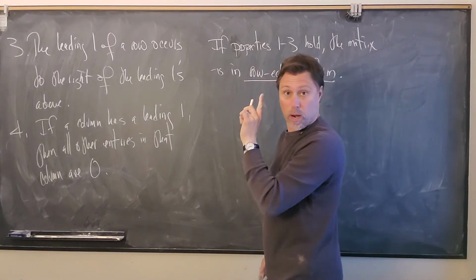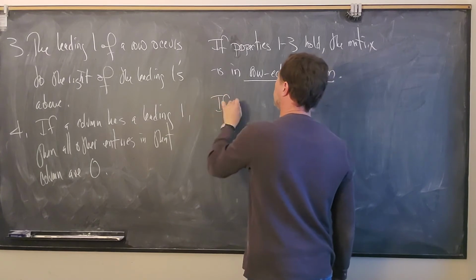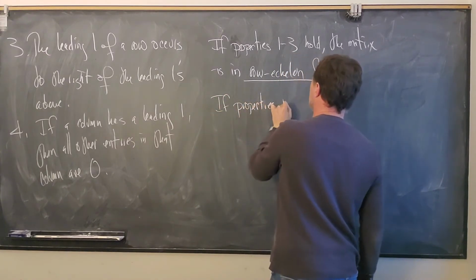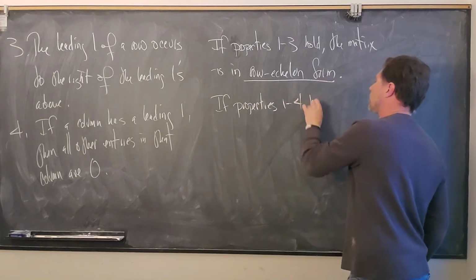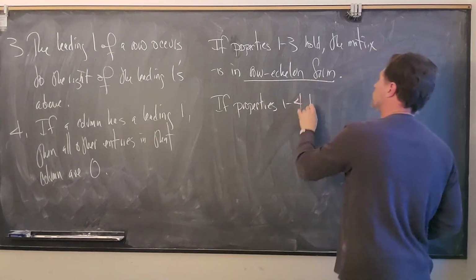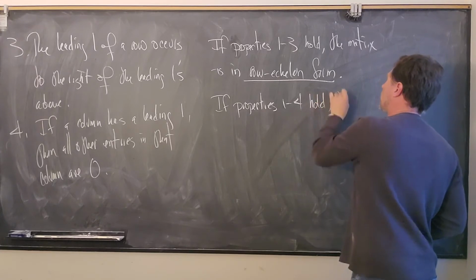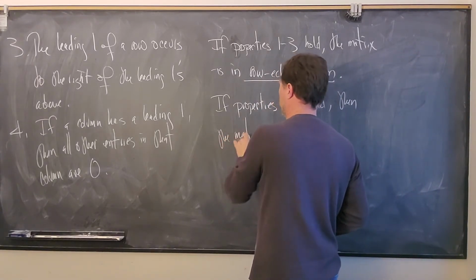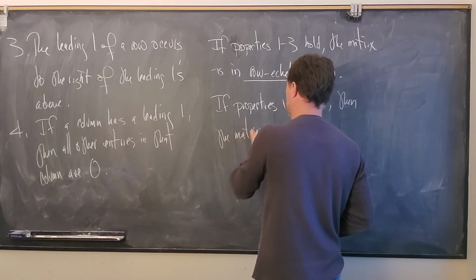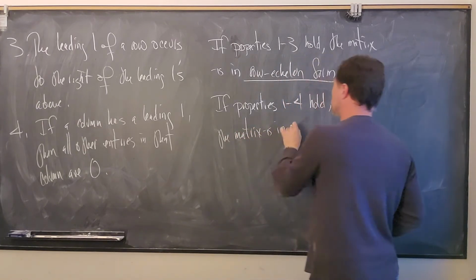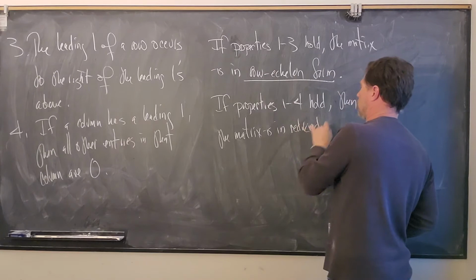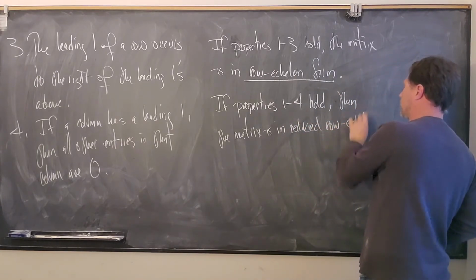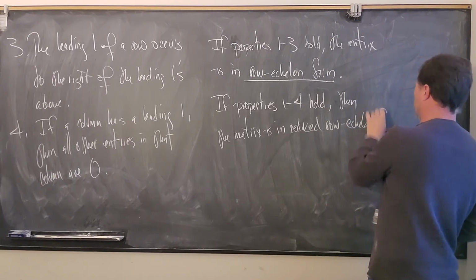If in addition property 4 holds, so if properties 1 through 4 hold, then the matrix is in reduced row echelon form.